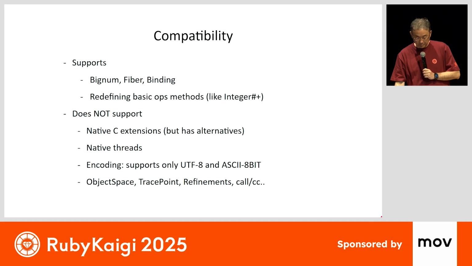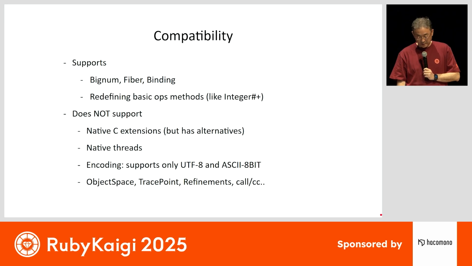Of course, there is a bunch of things to do. Many classes and methods are missing. But here, especially for the functionalities which affect performance, we support bignum and fiber and binding, and redefining basic operation methods like integer add. On the other hand, we do not support C extensions. This is a big problem for now.